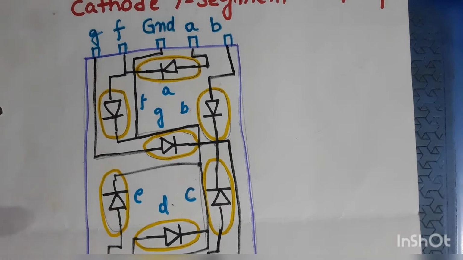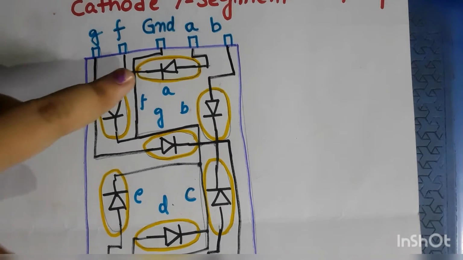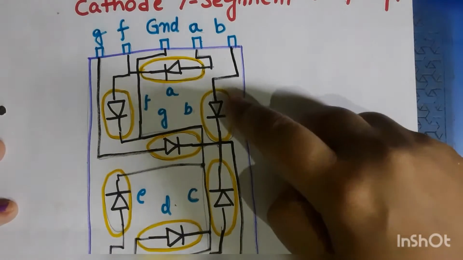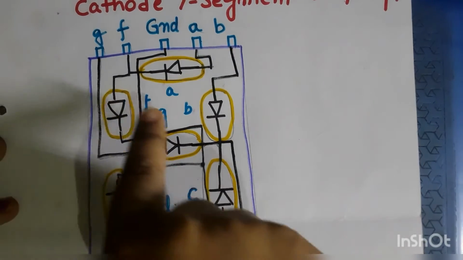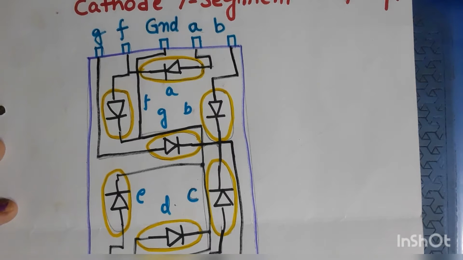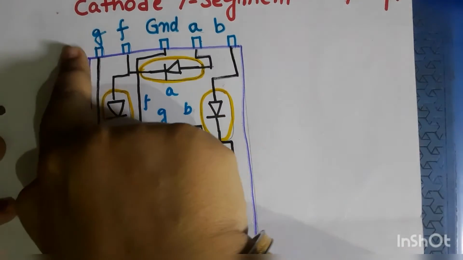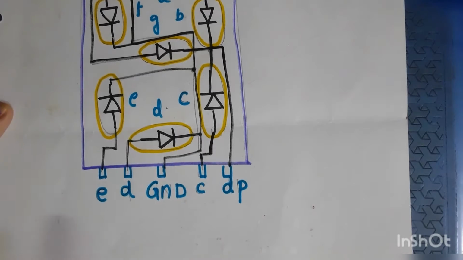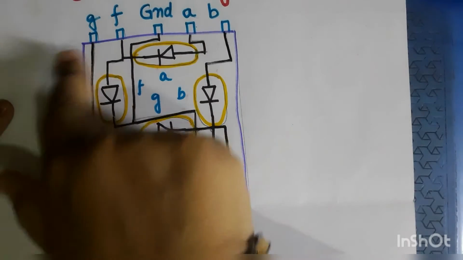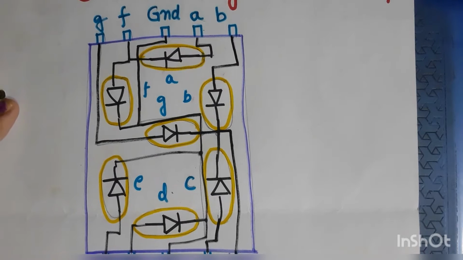The cathodes of all the diodes for A, B, C, D, E, F, G are connected to the ground, while the anodes are connected to the respective positive values to illuminate elements A, B, C, D, E, F, G. So we are going to make use of the common cathode 7-segment display and write the truth table.